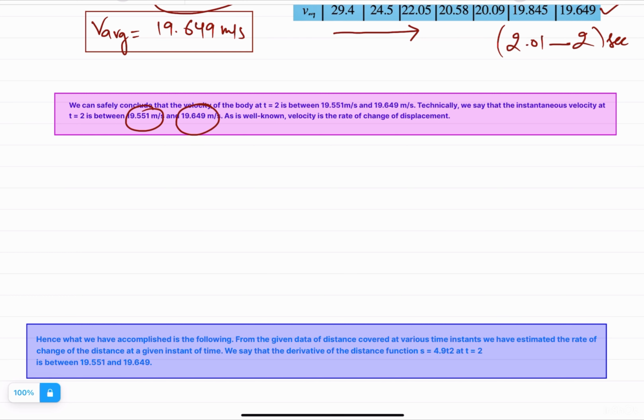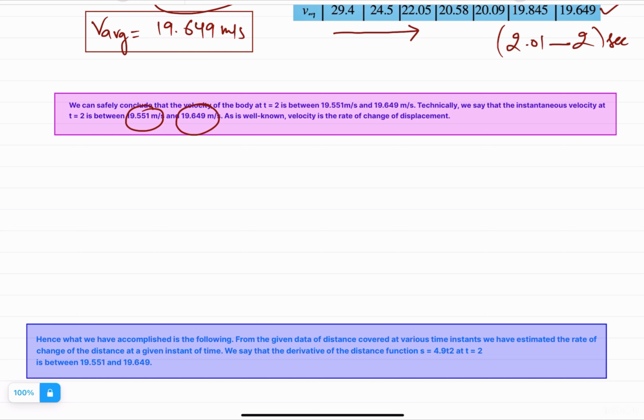How have we done this? When we come closer and closer to the time interval t equal to 2 seconds, we get a better idea about the velocity. That means when we are coming closer to the time interval equal to 2 seconds, the average velocity approaches the instantaneous velocity.